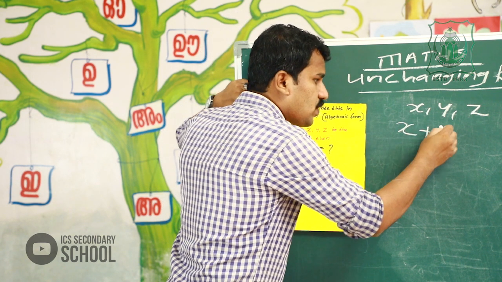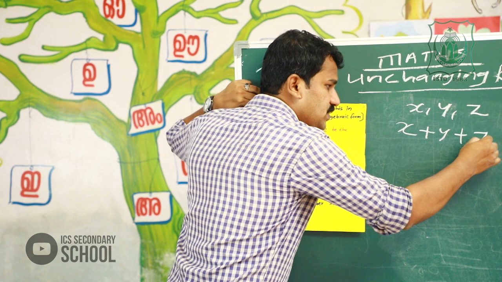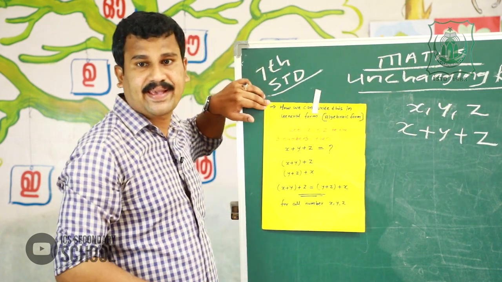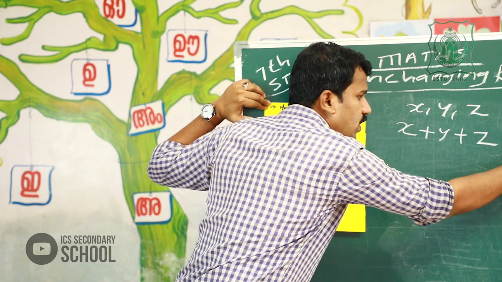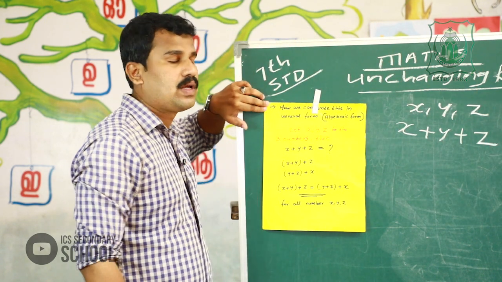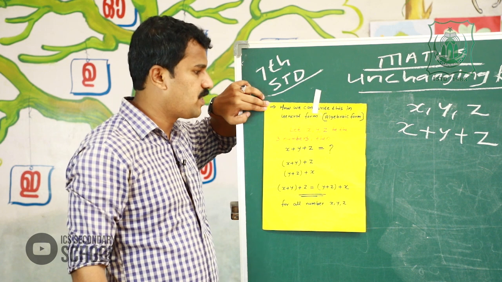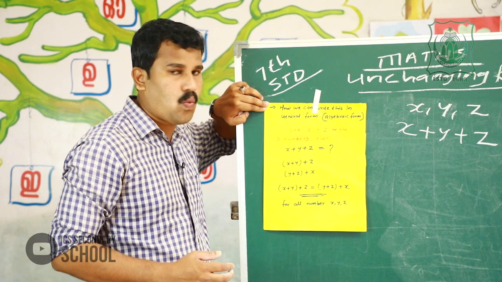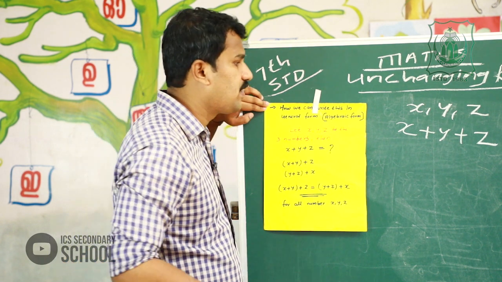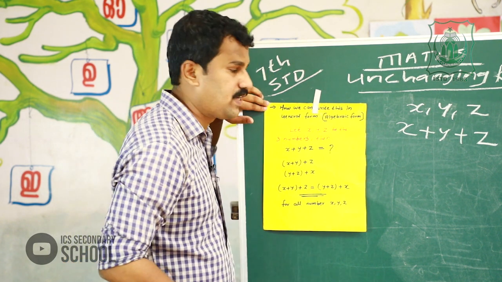Let x, y, z be the three numbers. Then x plus y plus z. How can we calculate x plus y plus z?